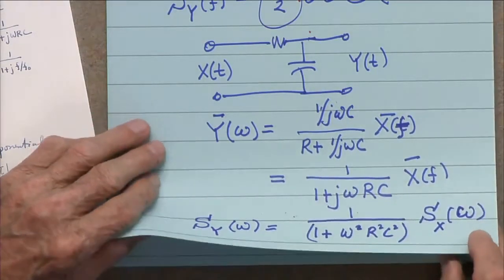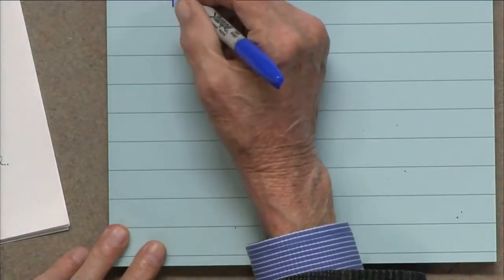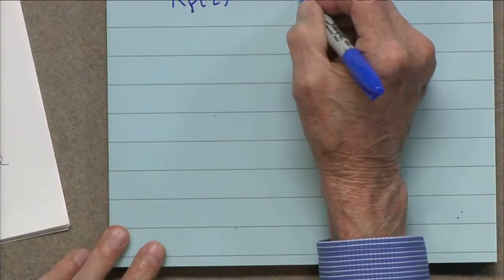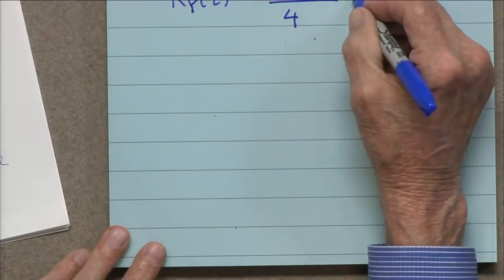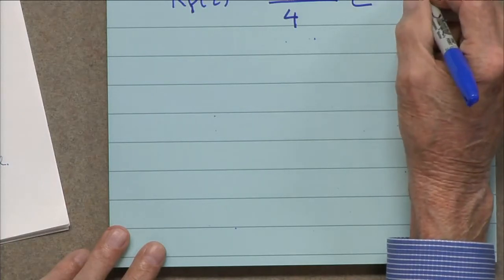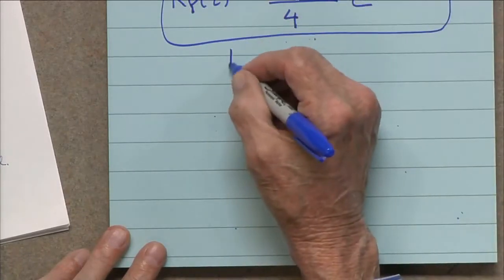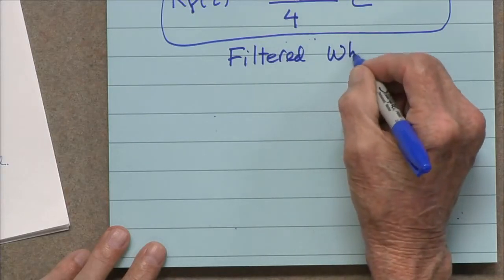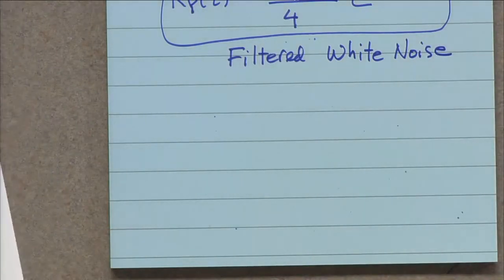And how do we calculate the transform? R_Y of tau is equal to N0 divided by 4, so this is filtered white noise. Right? Filtered.